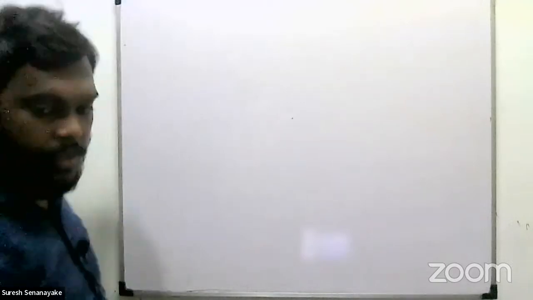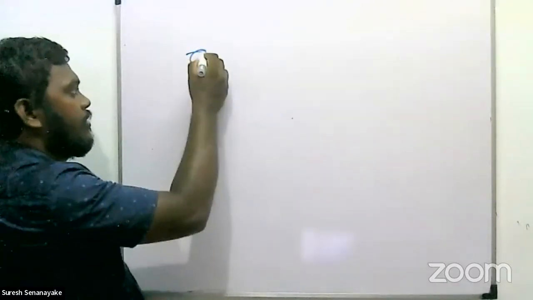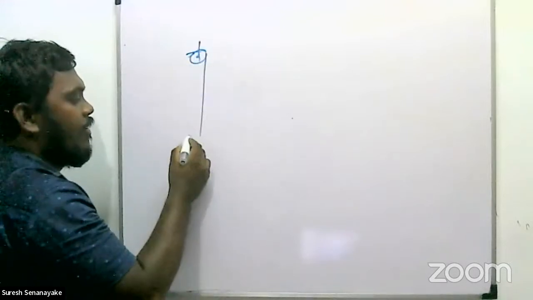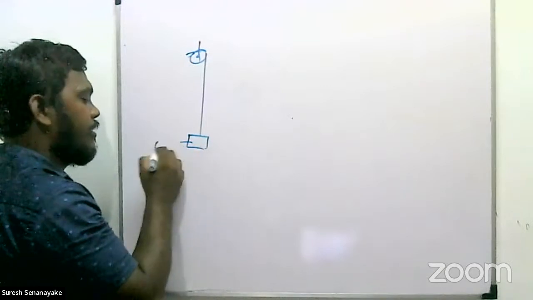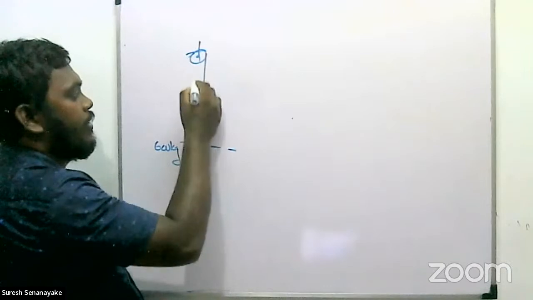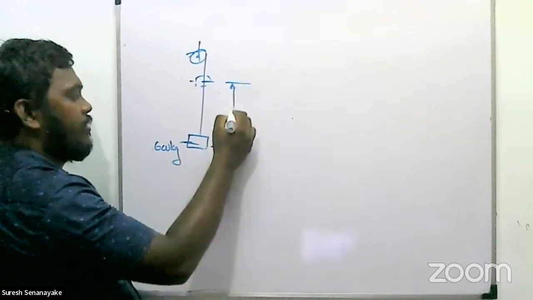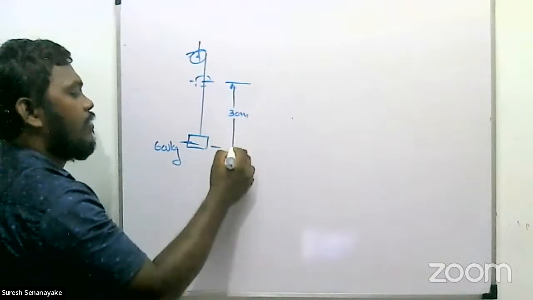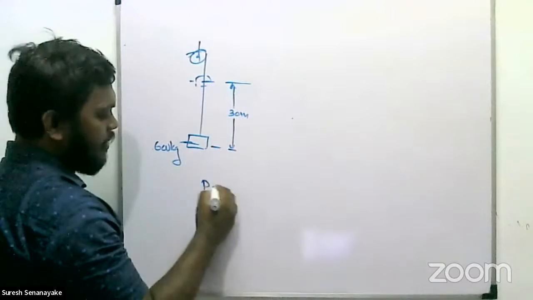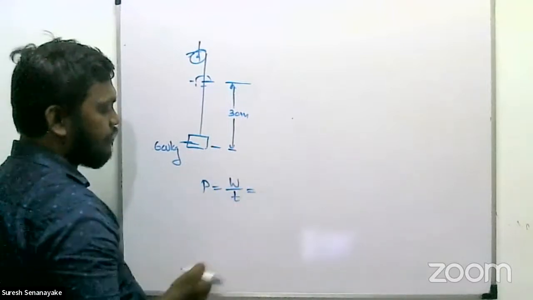Let's say there's a crane like this, lifting a 600 kilogram block. From here they lifted it up to, let's say, this portion. This is 30 meters. So the power equals the work done divided by the time.